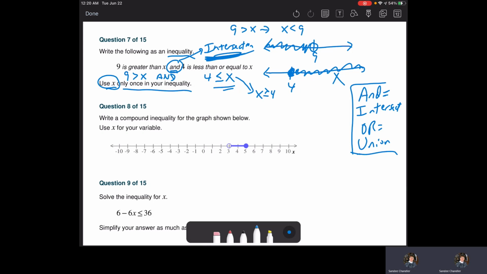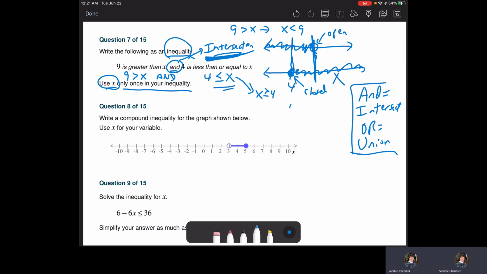Intersection is where they overlap. Well, from 4 to 9, they overlap, but notice 9 is open and 4 is closed. What am I doing? I'm writing an inequality, not an interval. The interval will be simple, right? 4 to 9.